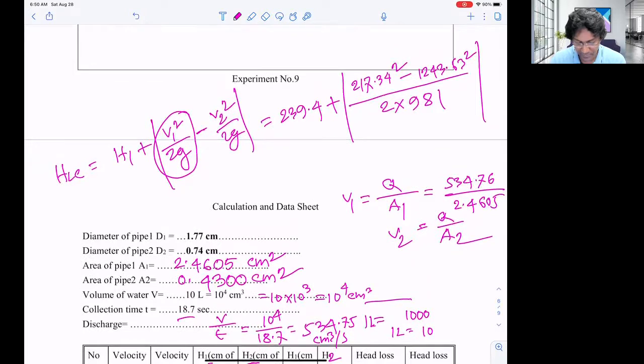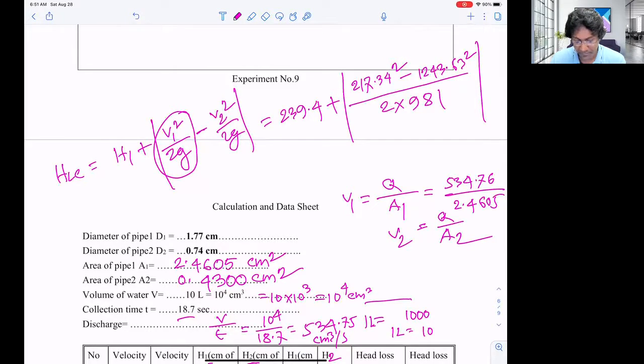So let me calculate 1243.63 squared minus 217.34 squared, divided by 2 divided by 981, because the acceleration due to gravity is that.